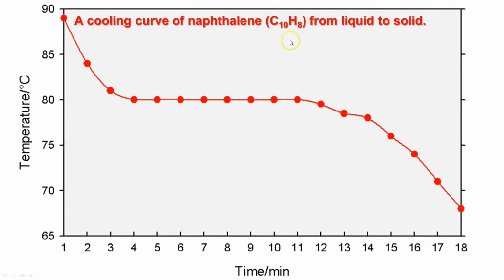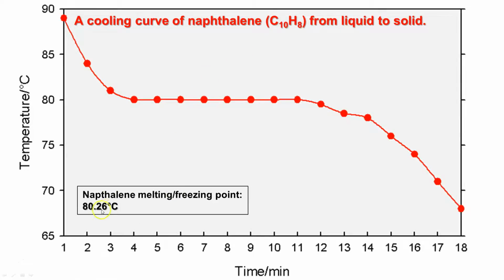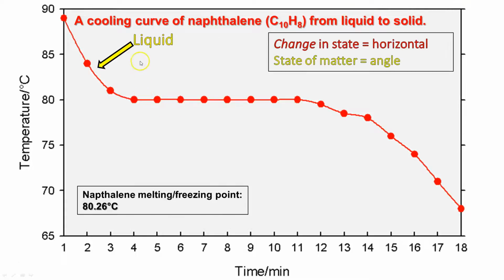Here we have a cooling curve of naphthalene, C10H8, also known as the stuff that you put in mothballs. Here it is going from liquid to solid. So its freezing or melting point, remember those are essentially the same thing, it's just what direction you're going, is 80.26 degrees. On my y-axis here, you'll see 80 degrees right around where this thing starts to level off and get flat. So remember, that's a liquid right there. States of matter are at angles and changes in state are at horizontal.